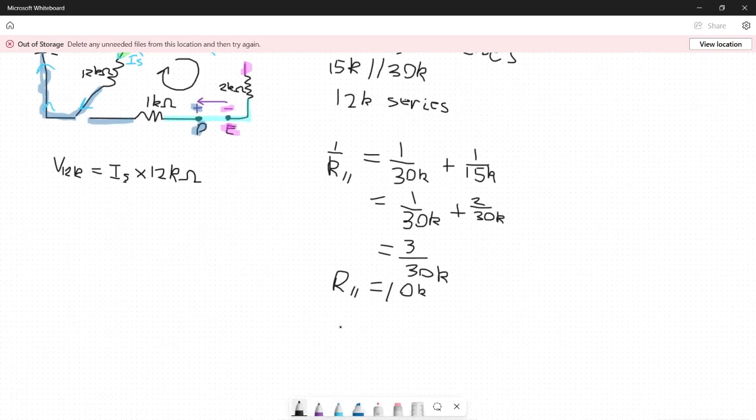Now, the RT will be equal to 10K plus the 12K, and that will give me 22 kilo ohms.